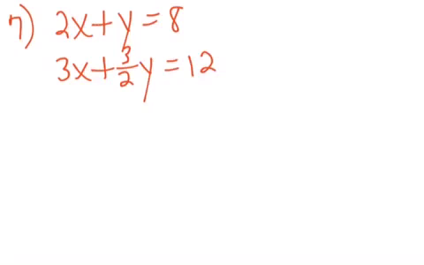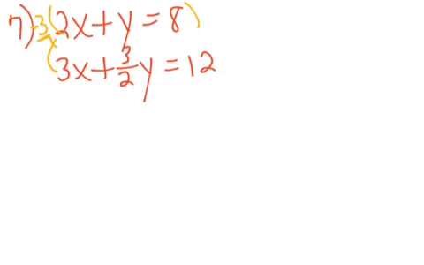We need to pick a letter. Neither of the letters have a positive and a negative, so we're just going to have to make one negative. So if I'm going to eliminate x, just like before, this needs to be a 3, but I'm going to make it a negative 3 because one of my numbers has to be negative.